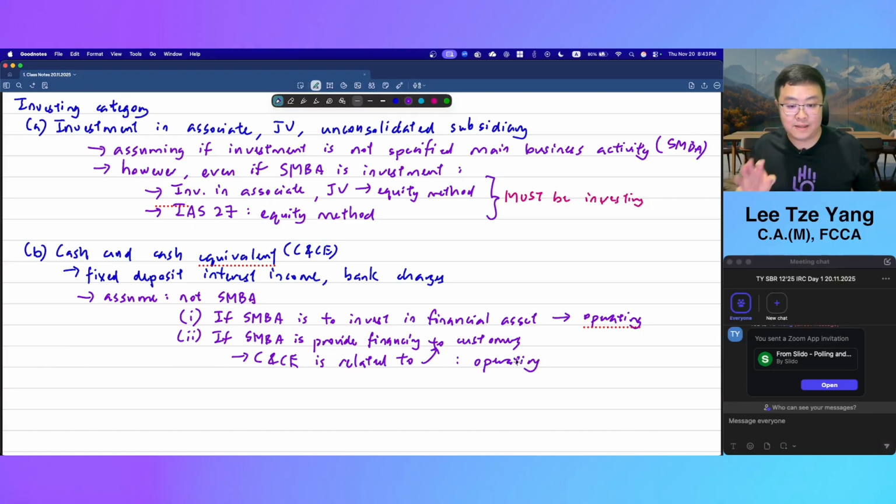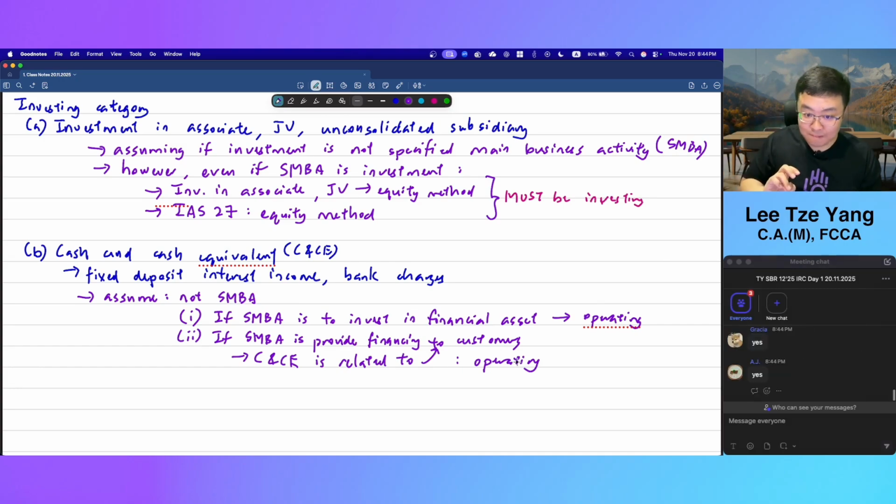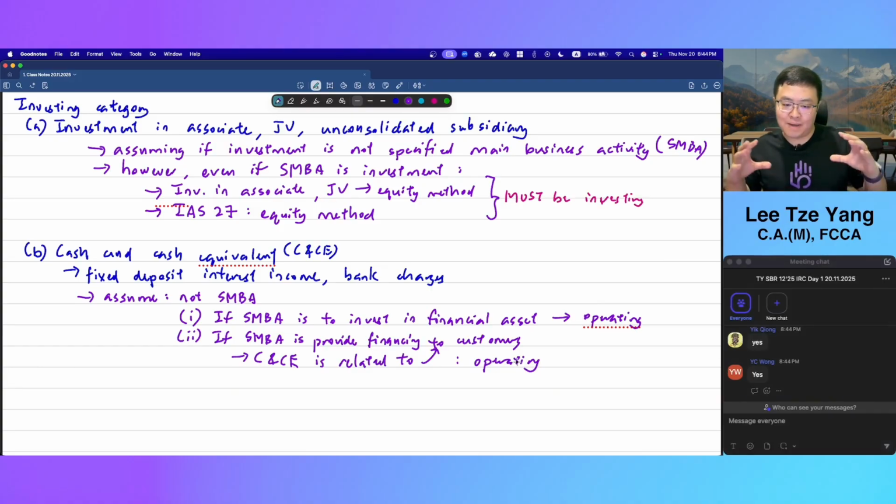Let me give one example. This is actually very industry specific, but it will help you to understand better. If you are a bank, I believe there will be some rules and regulations on the bank. They will say, bank, if you want to provide financing to customers, you must make sure your bank has enough money on hand. Agree or not, everyone? There should be this law in place, right? If the bank has no money, how to provide money to others? So the bank keeps some money, and that money cannot be touched.